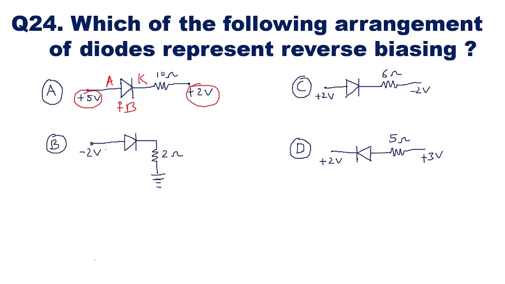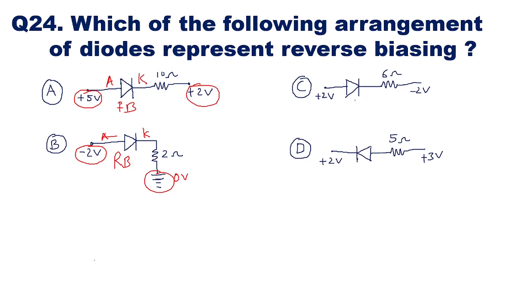If you see option B, the anode is connected to minus 2 volt and the cathode is connected to ground. Minus 2 volt is negative and ground is 0 volt. So here the cathode is positive with respect to the anode. So this is a reverse bias connection.